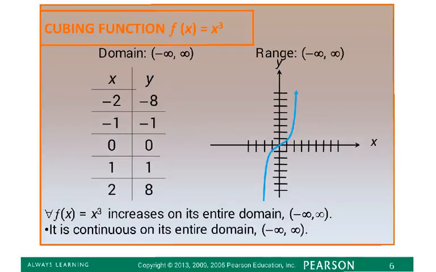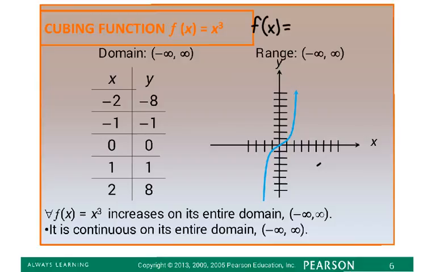Same goes with the cubing function. Whenever you see x cubed or anything cubed inside your function, the basic graph is going to look like this right here. And like the previous one, it can look like this right here.